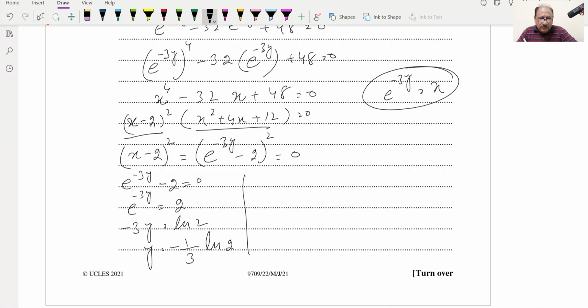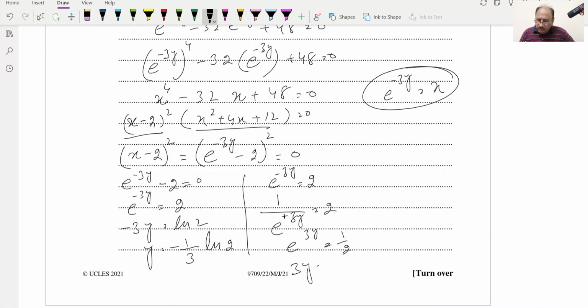So the second thing we can do is e raised to minus 3y is equal to 2, and now we can take reciprocal. So e raised to 3y is equal to 1 by 2, and taking log, when we shift, this will be plus, and after taking reciprocal it will be plus.